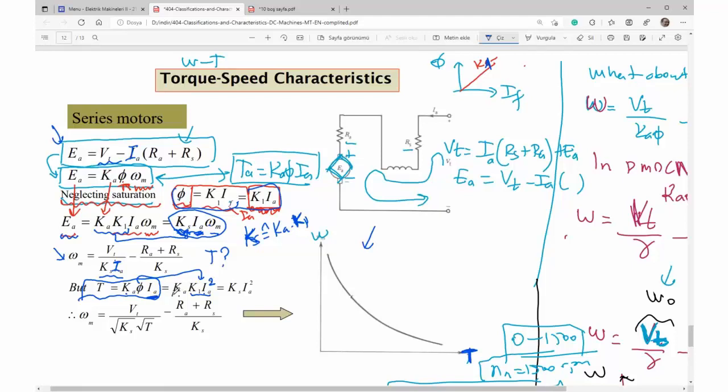Those two coefficients together make Ks. Ks times I squared. Houston, torque is equal to Ks times IA squared.